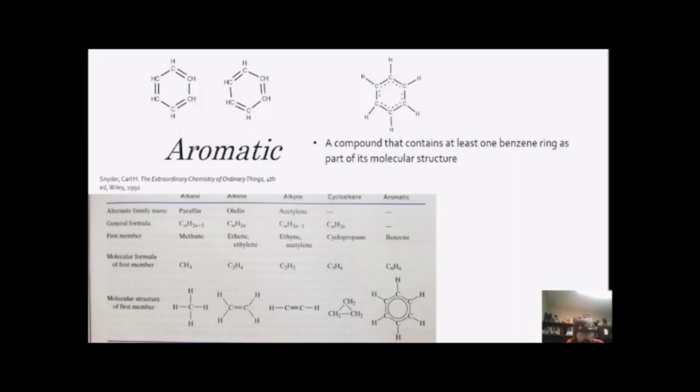Cinnamon comes from cinnamaldehyde, which is a type of aromatic. Oil of wintergreen has an aromatic. Oil of anise, also aromatic. And while we have all these types of families, they can intermingle. We can have paraffins with olefins in them.